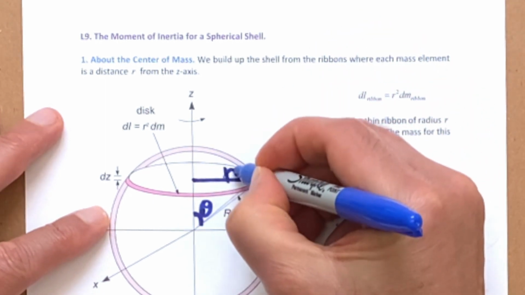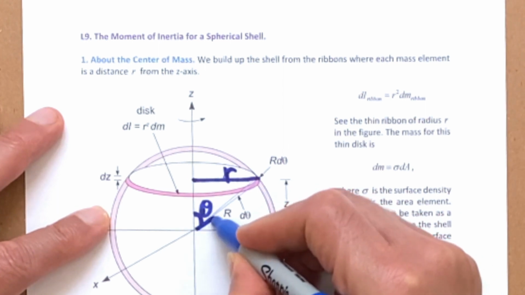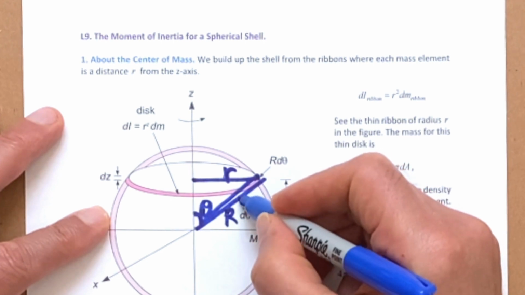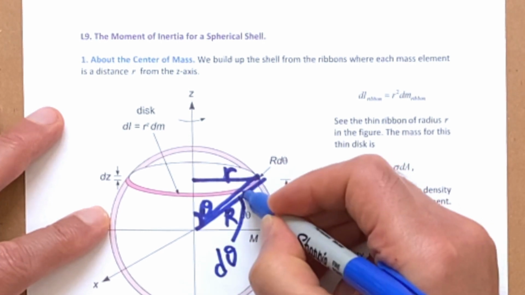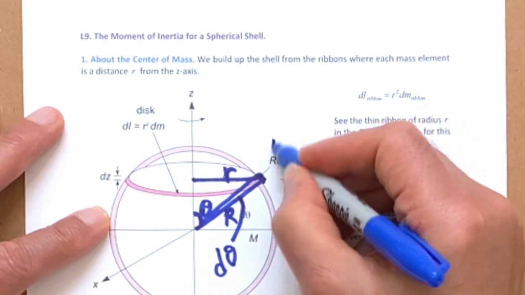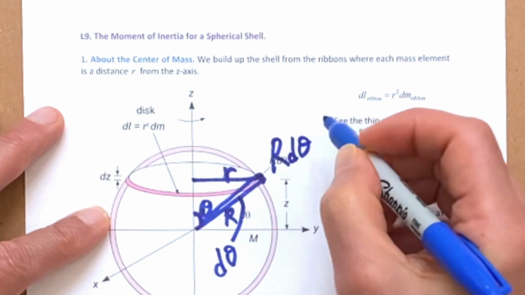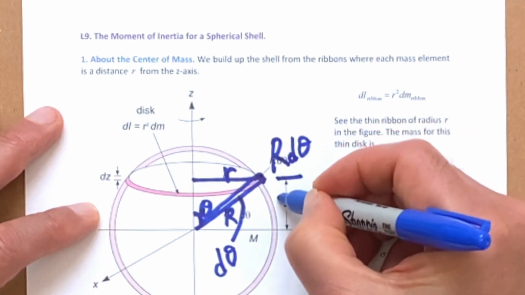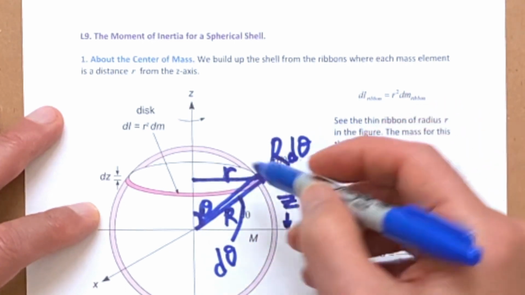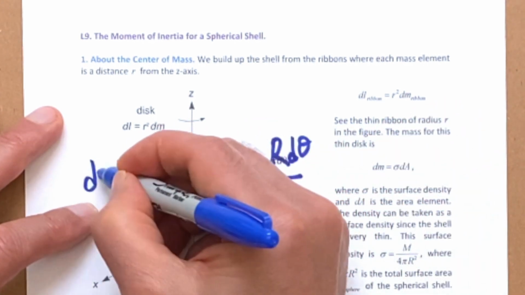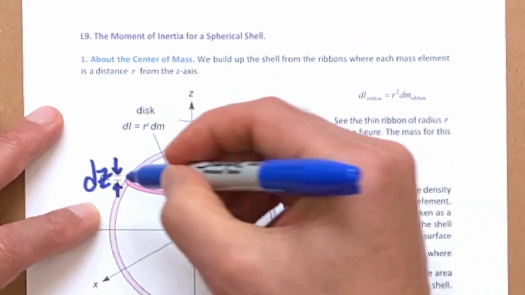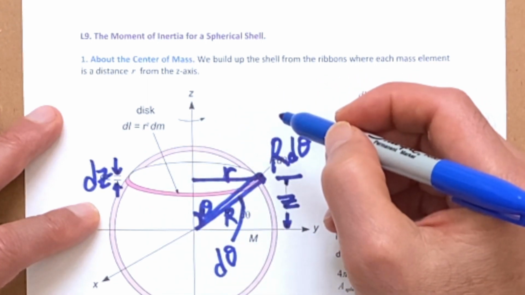So this is R, and then here, this is big R, and we have a delta theta inside there, and then this little arc length here is R d theta, and we are at a distance z to get to that little ribbon, and then dz is the infinitesimal along the vertical.